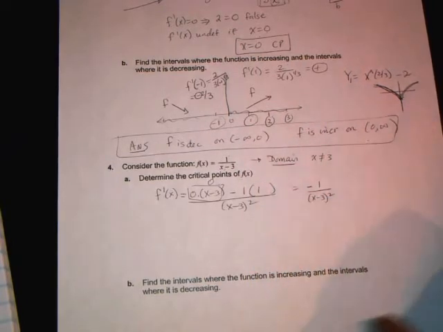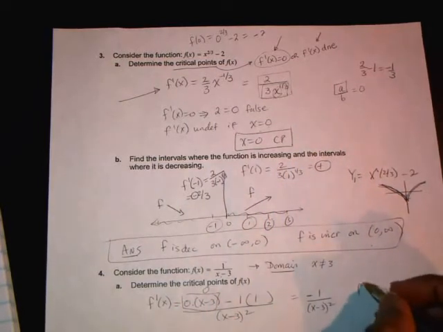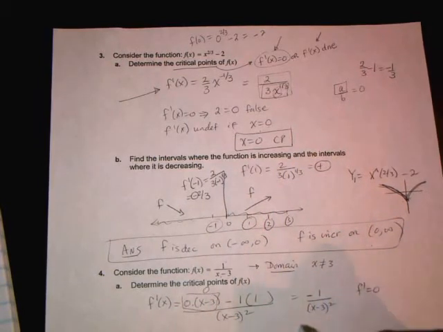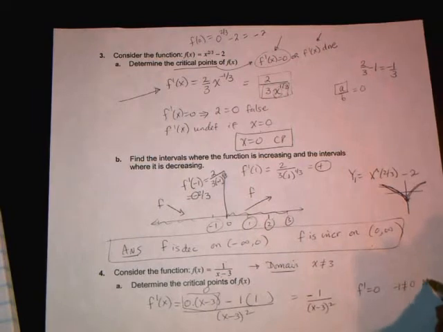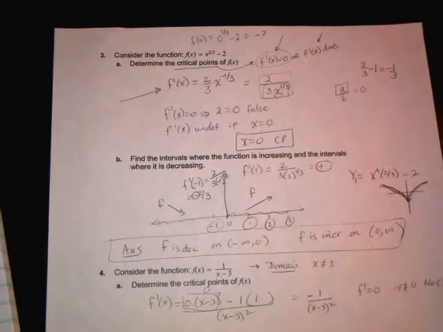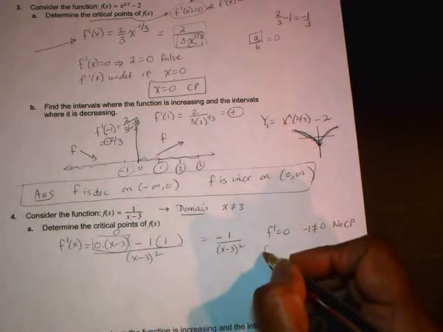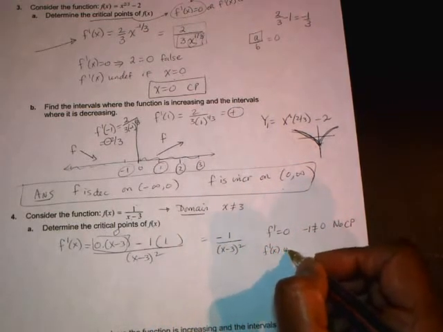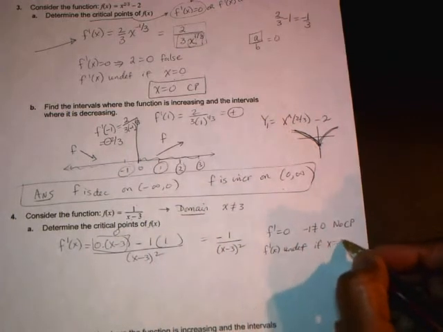We'll do the same logic as in the previous problem. To find the critical point, we see where f prime is 0. For a fraction to be 0, it means that the top is 0, which never happens. So no critical point from there. Again, following our example from before, f prime of x is undefined if the bottom is 0, and that happens if x is 3.